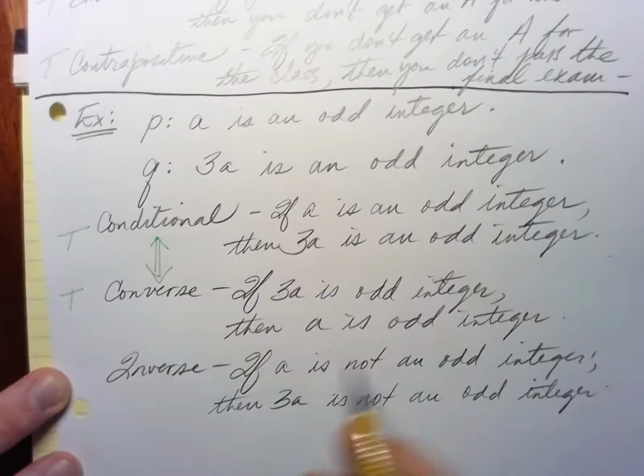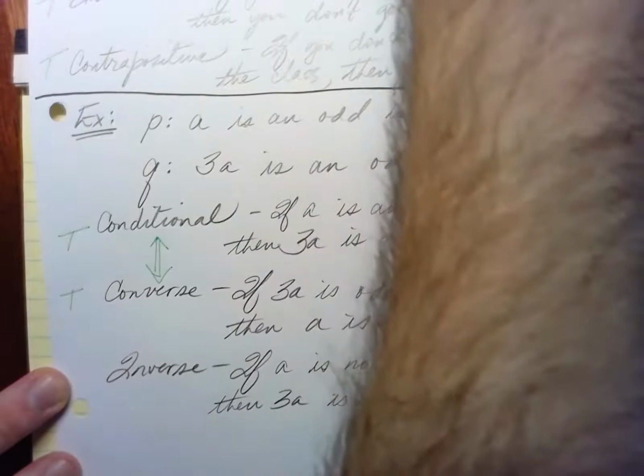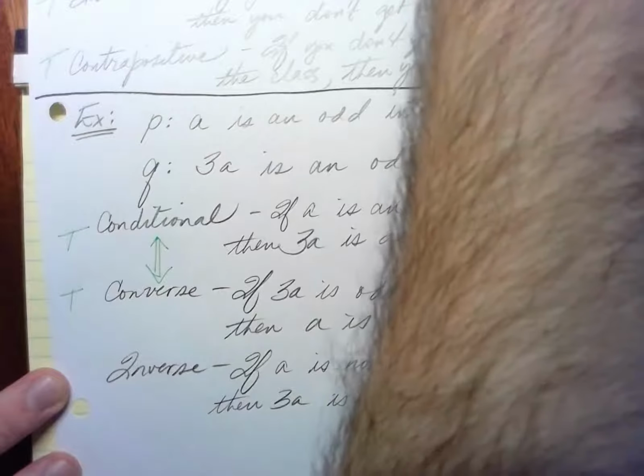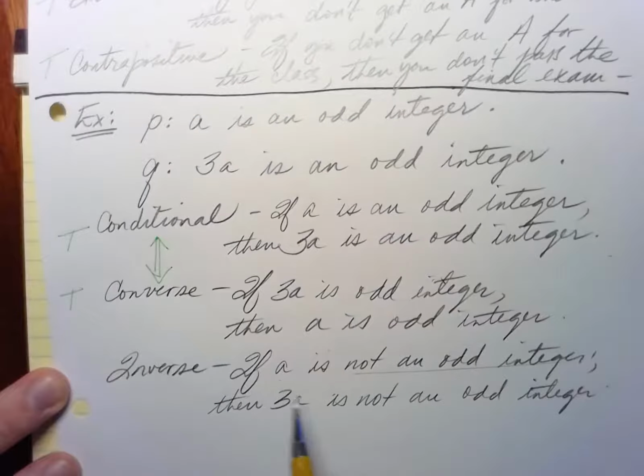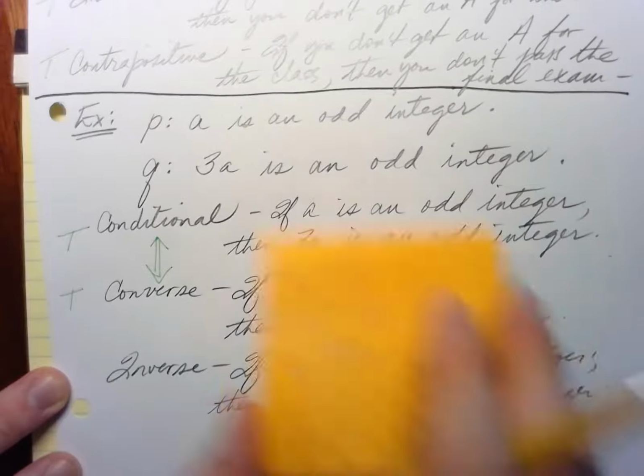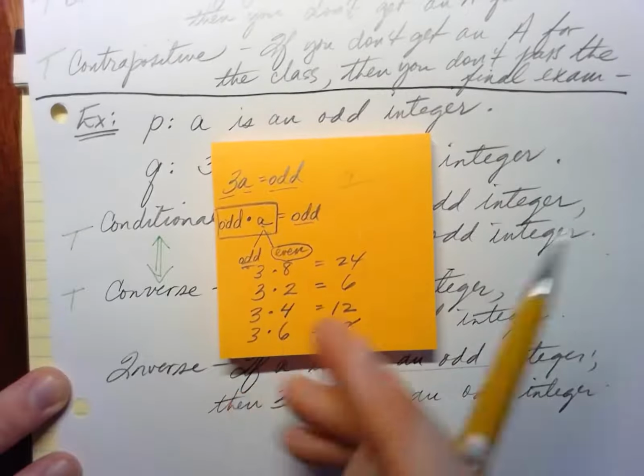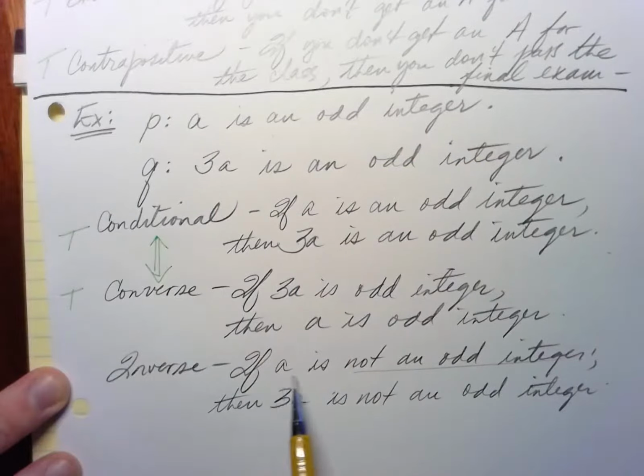Okay? So if A is not odd, then what is it? It's even. And, excuse me, so if A is even, then 3A, as we just saw right here, odd times even equals even. So if A is even, then 3A is even, which is the same as saying not odd. So this is true.